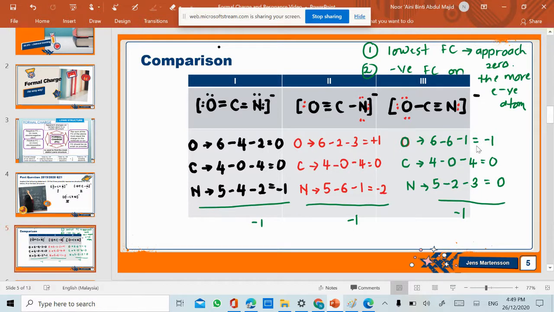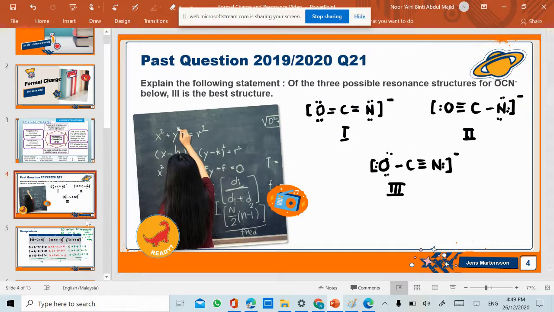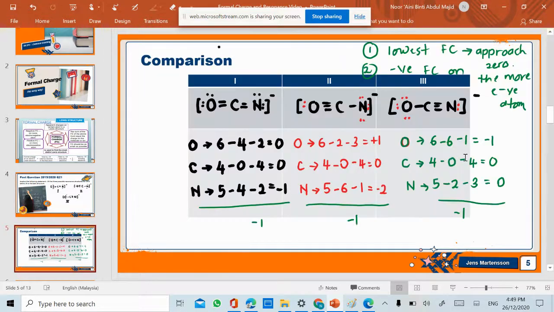And on structure 3, the negative formal charge is on oxygen. Which element is more electronegative, nitrogen or oxygen? Of course, the answer is oxygen. That's why structure 3 is the most plausible structure.